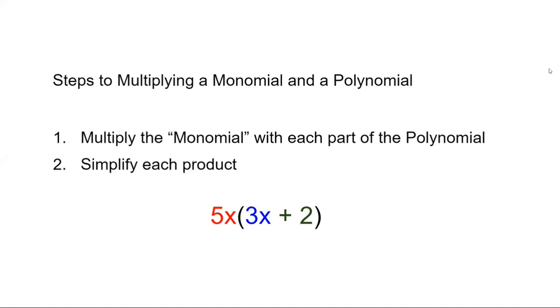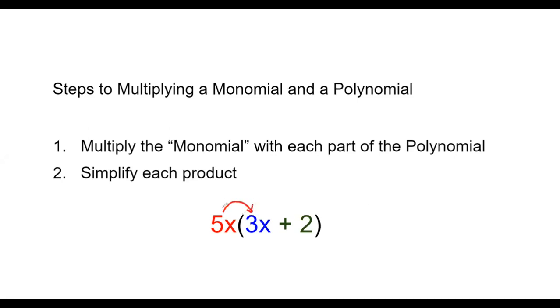So the trick to doing these problems is that we need to remember that we are going to multiply this times 3x, but we're also going to multiply it by 2. And we're going to add the results of those two products together. So let's take a look at what that looks like.